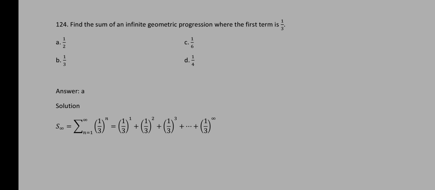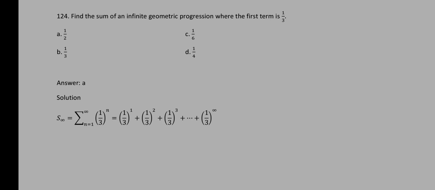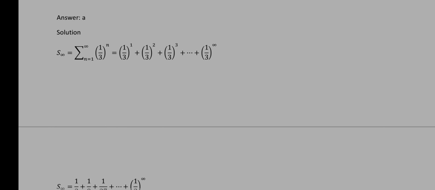Solution. Okay? Sum of an infinite geometric progression. S infinity, sigma, N equals 1 to infinity, 1/3 raised to N, is equal to 1/3 raised to 1 plus 1/3 raised to 2 plus 1/3 raised to 3 plus, and so on, up to 1/3 raised to infinity. Therefore, by substitution, 1/3 plus 1/9 plus 1/27, up to 1/3 raised to infinity.